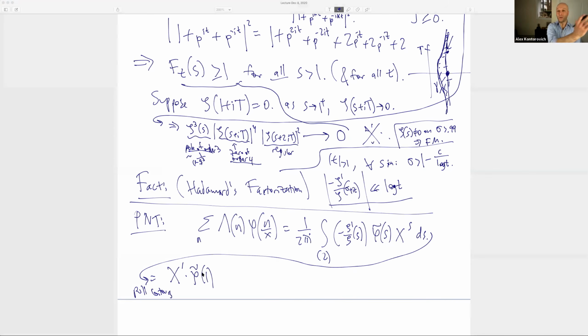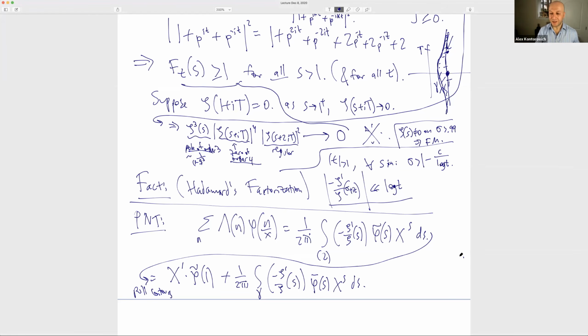Instead of pulling all the way and getting the explicit formula, I'm only pulling to gamma, plus 1 over 2πi, an integral over the curve gamma. The whole point is to make the curve gamma: ζ'/ζ(s) times φ̃(s) x^s ds. Okay, so far so good?